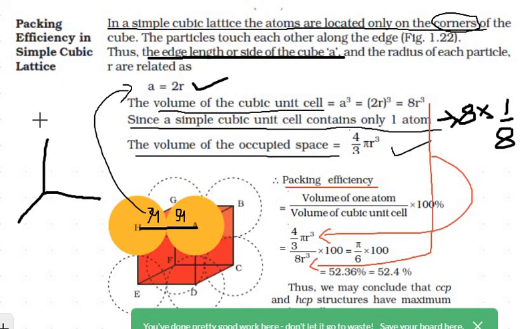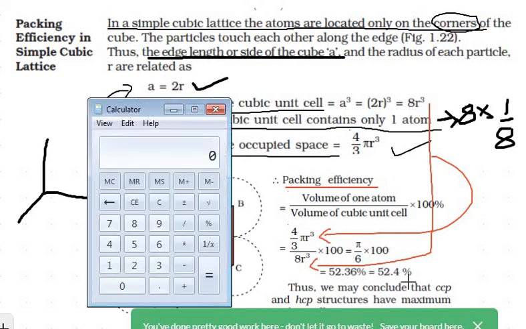Now if you calculate this, r cube and r cube will get cancelled, so it will be 4 into pi divided by 3 into 8. So again 4 and 2 will get cancelled, it will become pi upon 3 into 2, so it is pi by 6 into 100. That is how it came. Now let us calculate pi.